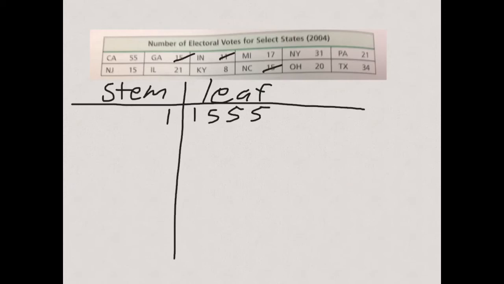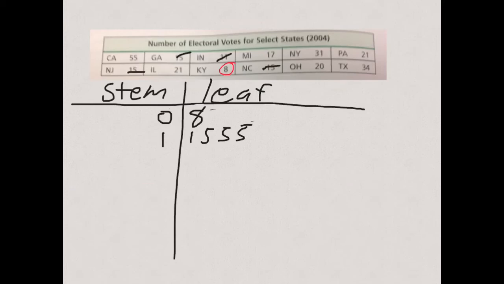Because 1, 2, 3. Now, let me take a step back, class, because I already made a mistake. If there's a single digit, you put 0, 8 for this 8 right here. Sorry about that. Let me go ahead and organize this again. 1, 1, 5, 5, 5 for the 3 15s that I have.